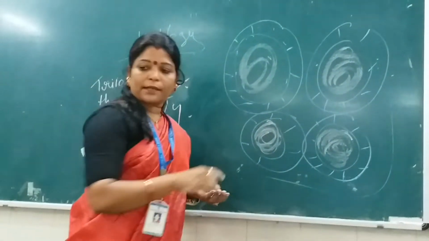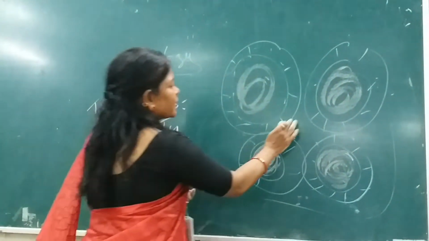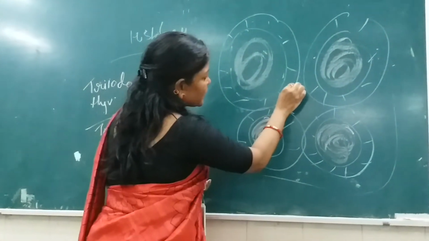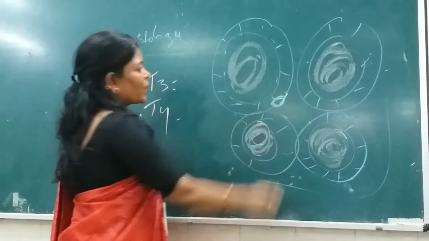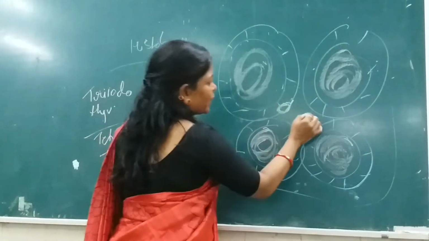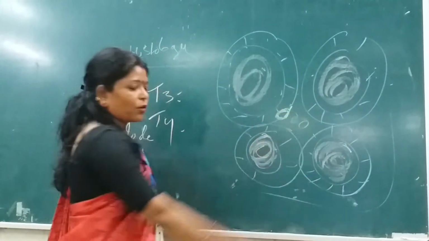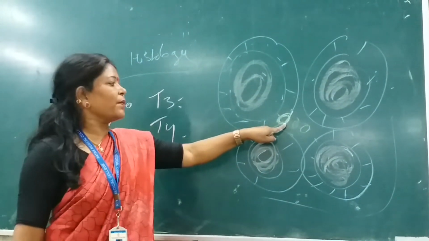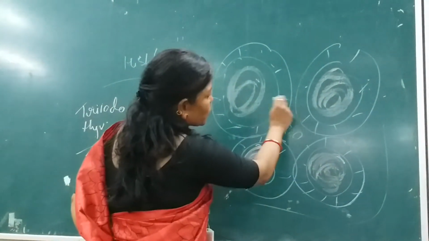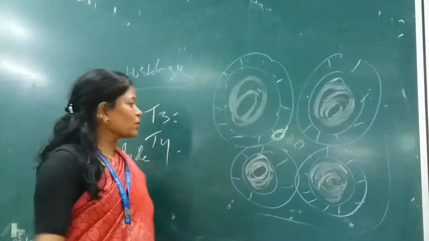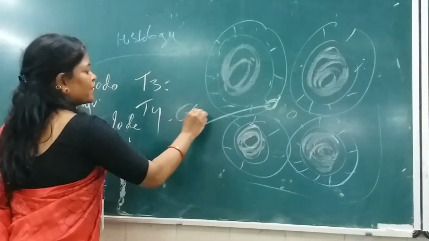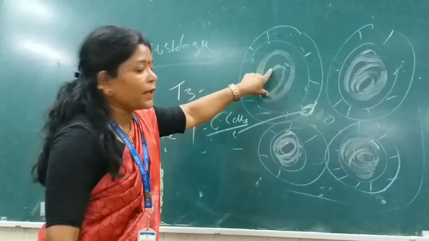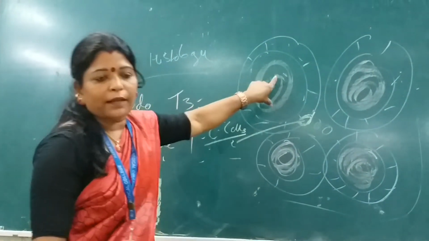The C cells are sometimes present in between the basement membrane and the lining epithelium of the follicles, or they can also be present in between the follicles. So these are the C cells. And this colloid material, it is thyroid gland.